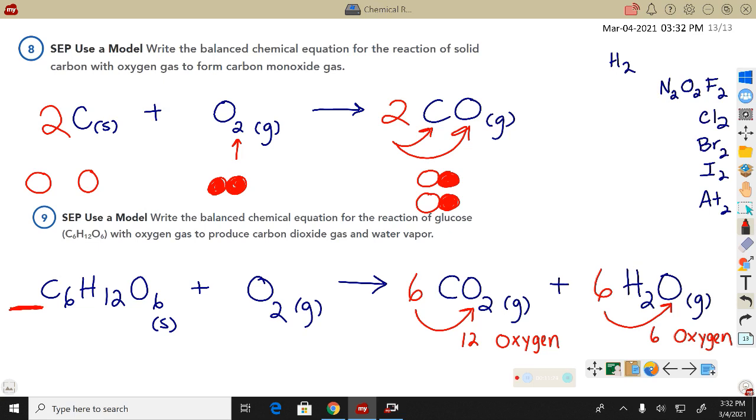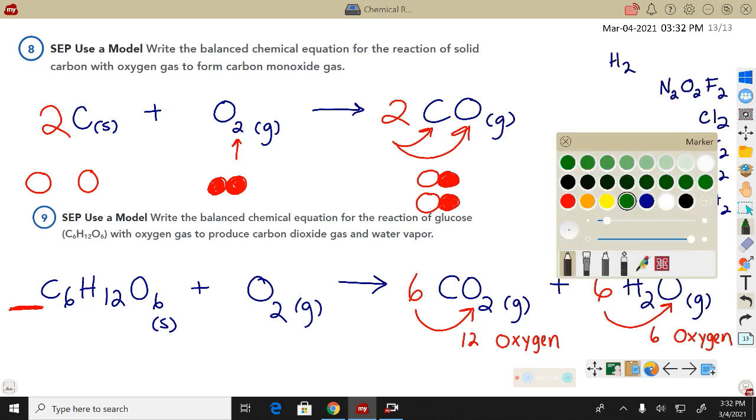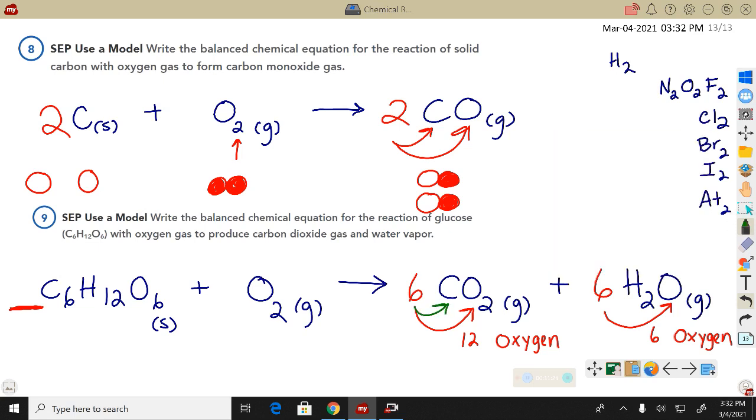Right now I've got the 6 carbon and the 12 hydrogen, so if I put a coefficient in front of glucose, I'm going to have to go back and fix the carbon and hydrogen. I don't think I really want to do that.